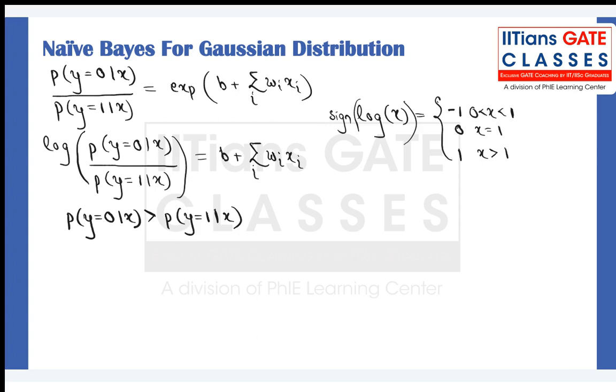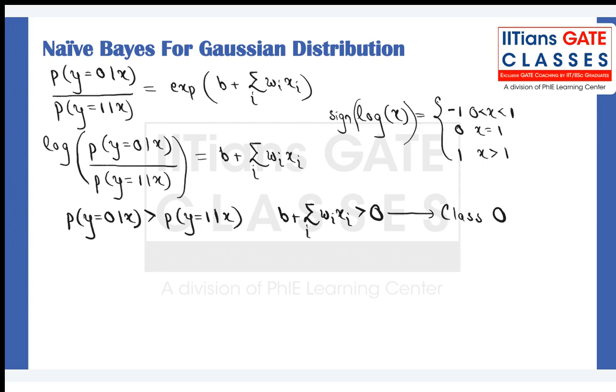Because log of a value greater than 1 will be greater than 0. So can I also say that b plus summation of i wi xi, if it is greater than 0, then I can predict that it is class 0.